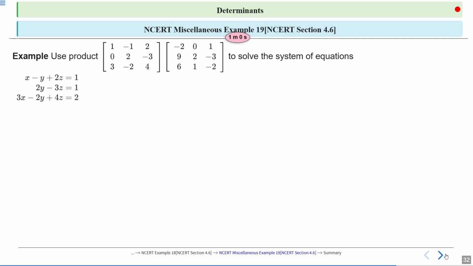Example 19: use the product of the matrix 1, -1, 2, 0, 2, -3, 3, -2, 4 into the matrix -2, 0, 1, 9, 2, -3, 6, 1, -2 to solve the system of equations. Now we have to use the product of these two matrices to find the solution for the system of linear equations.